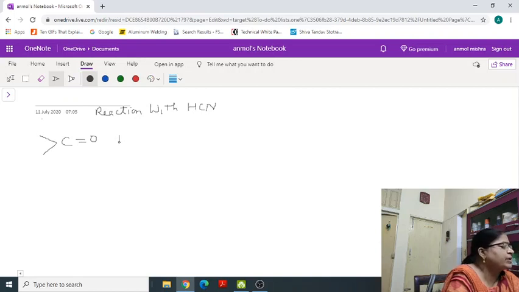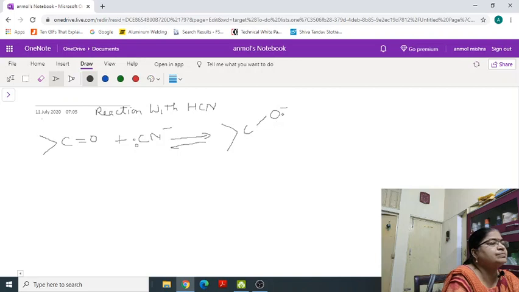When this reacts with the nucleophile cyanide ion, it forms the addition product and accepts proton to form cyanohydrin.